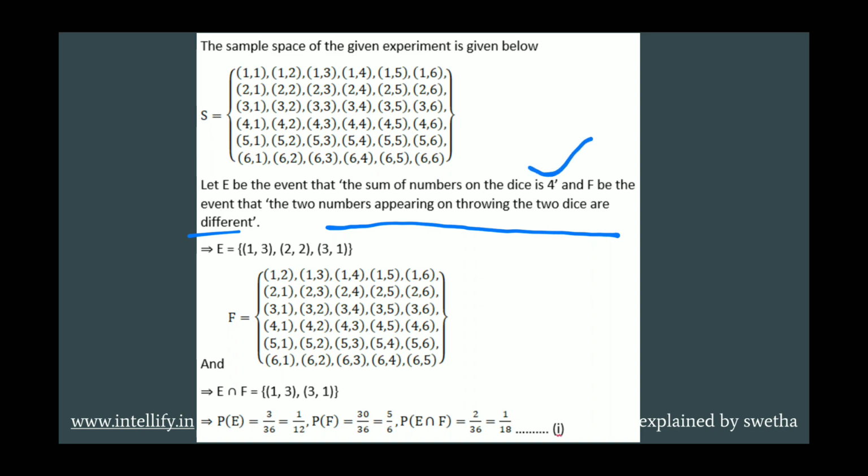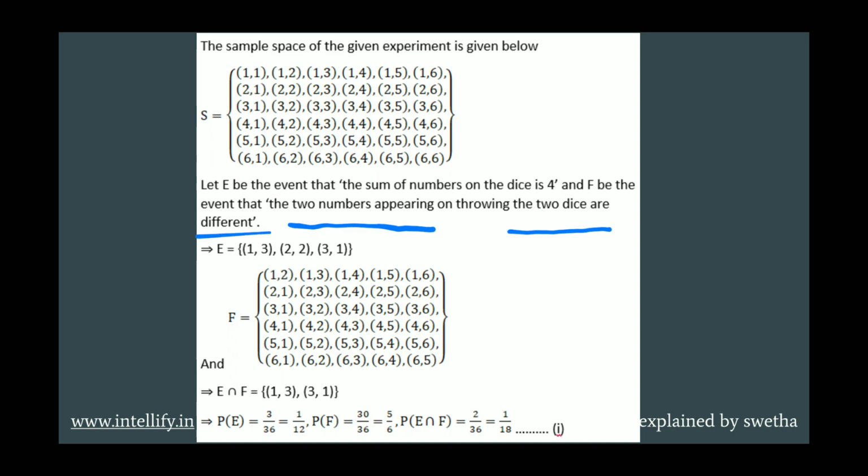So E is the event that we get 1 plus 3 is 4, 2 plus 2 is 4, 3 plus 1 is 4. And F is the event that the two numbers appearing on the two dice are different.